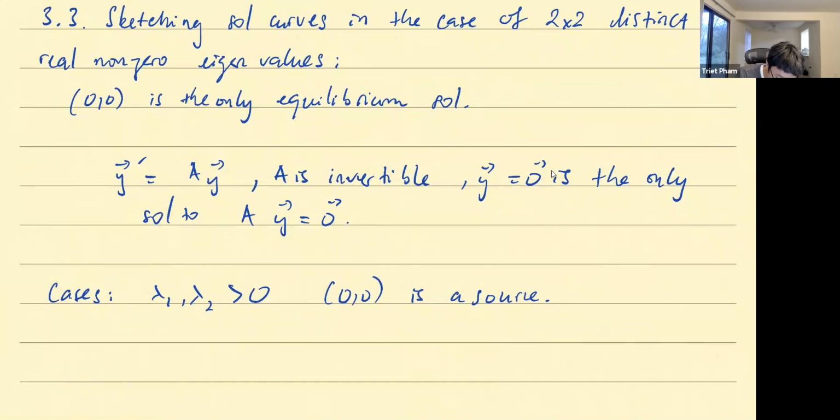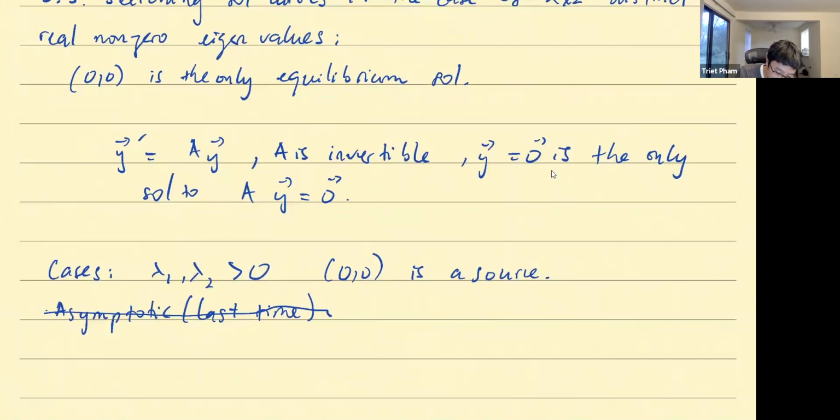I did say something about asymptotic. I did correct myself last time, but scratch that, okay? The right way to look at this should be something like sketching solutions.